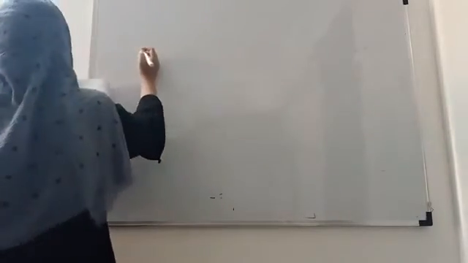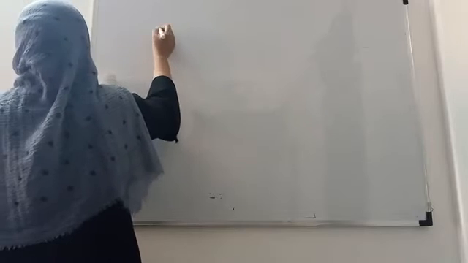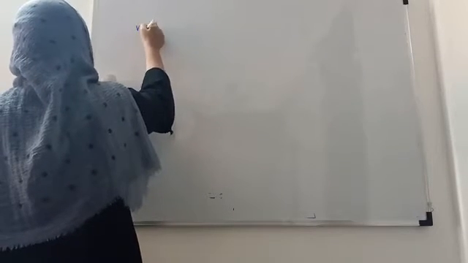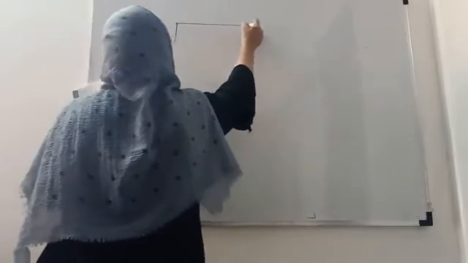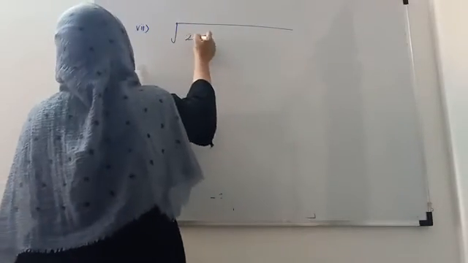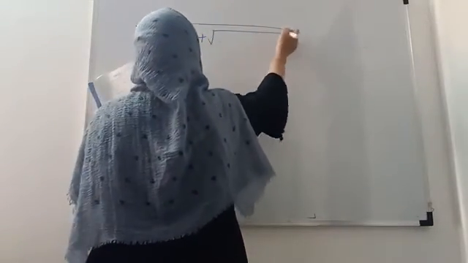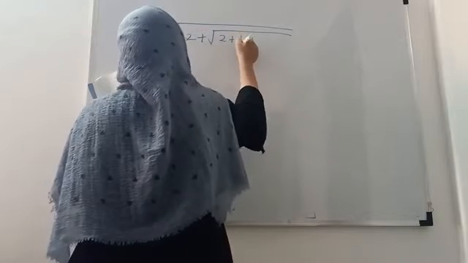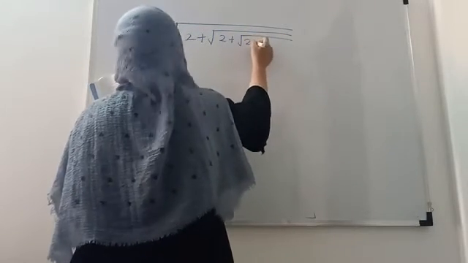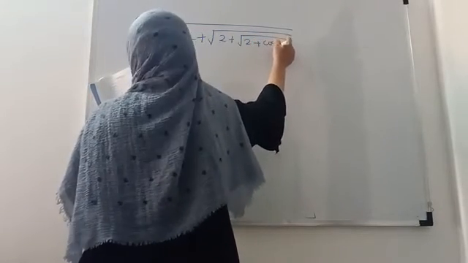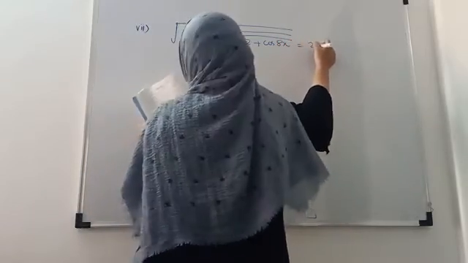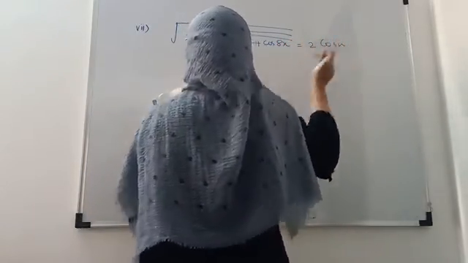Okay. So the problem is, prove that this is problem number 7, prove that root 2 plus root 2 plus root 2 plus cos 8x is equal to 2 cos x. Okay.